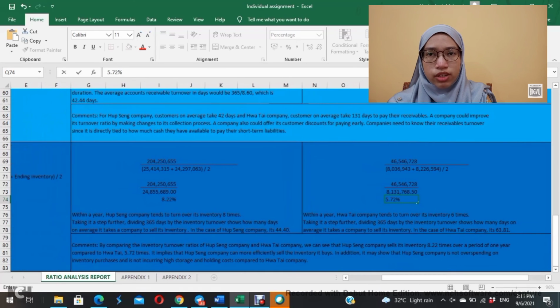By comparing the inventory turnover ratios of Hapseng and Huatai, we can see that Hapseng sells its inventory 8.22 times over a period of 1 year compared to Huatai 5.72 times. It implies that Hapseng Company more efficiently sell the inventories it buys. In addition, it may show that Hapseng is not overspending on inventory purchases.